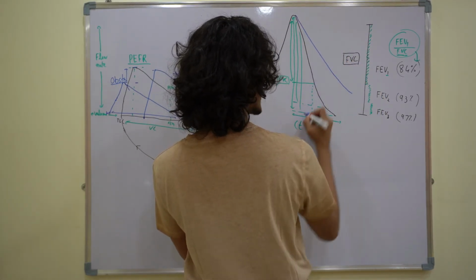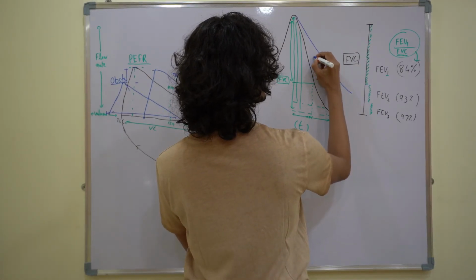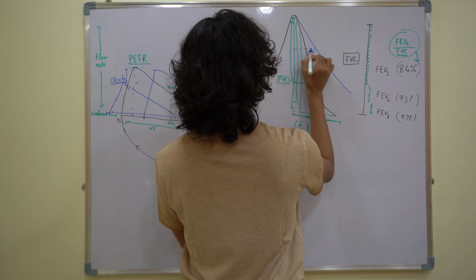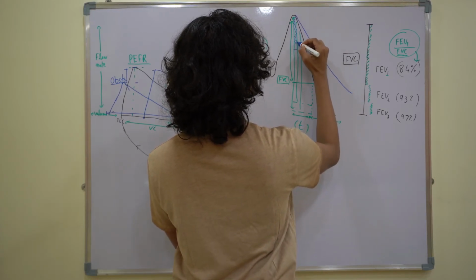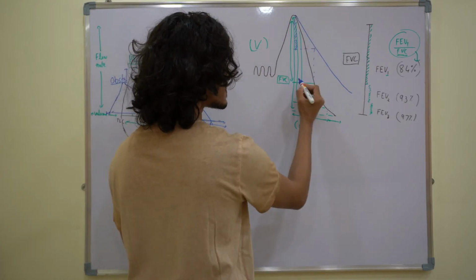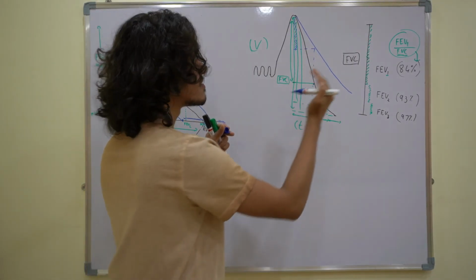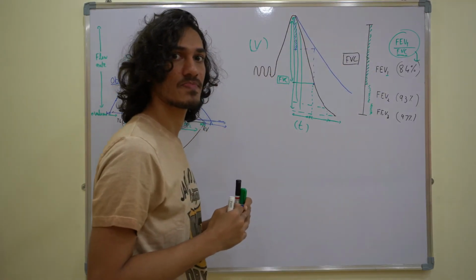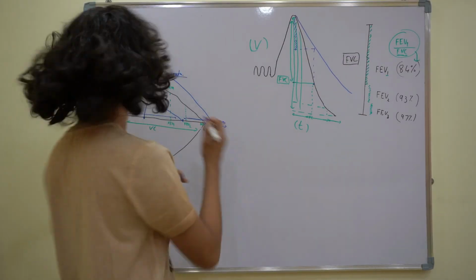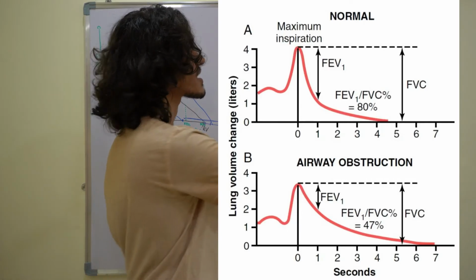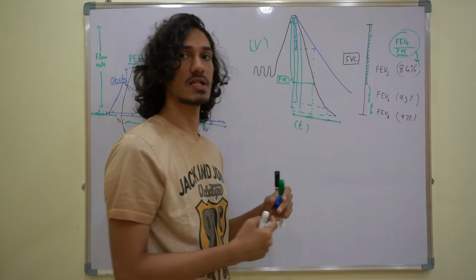So in the same time of 1 minute, see, only this much percentage was gone instead of this much. So the FEV1 dropped. The peak expiratory flow rate dropped. So that is what happens in obstructive disorders.